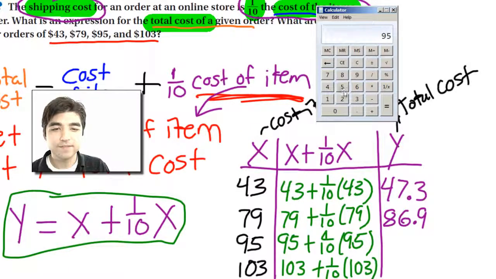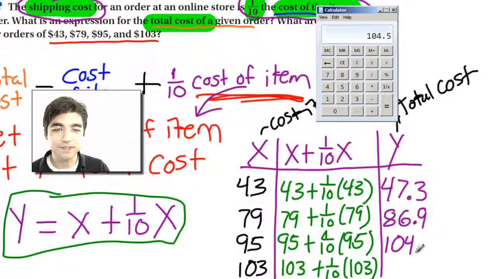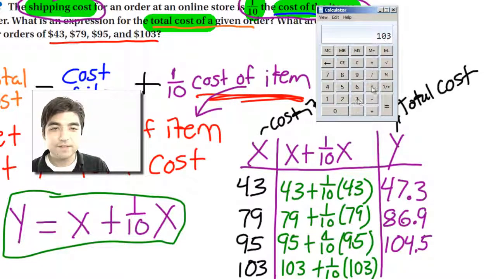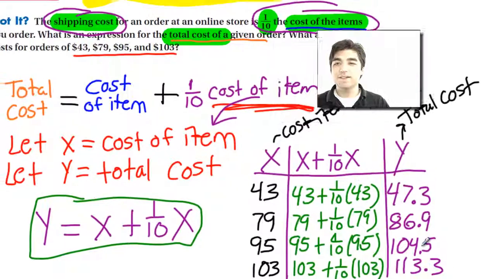Okay, then we got 95 times 0.1 equals 9.5, plus 95 equals 104.5. Ooh, that's a big order there. And then we got 103 times 0.1. This is going to be the biggest order yet. Plus 103 equals 113.3. Okay, so we did it.